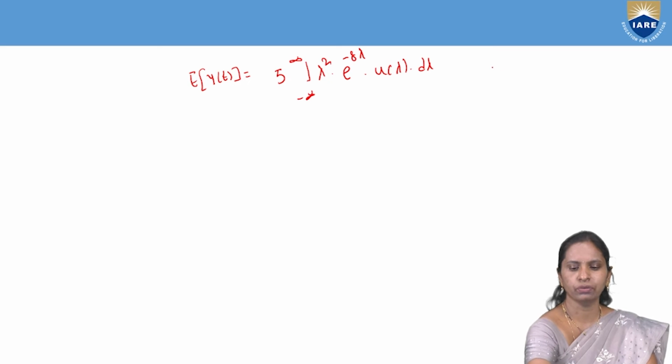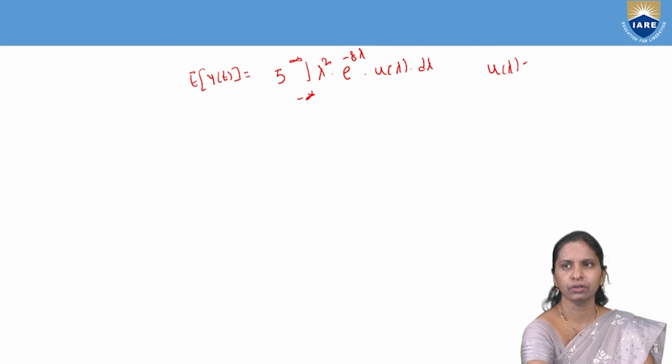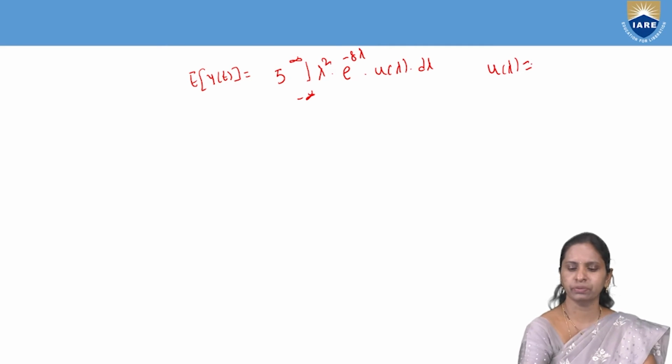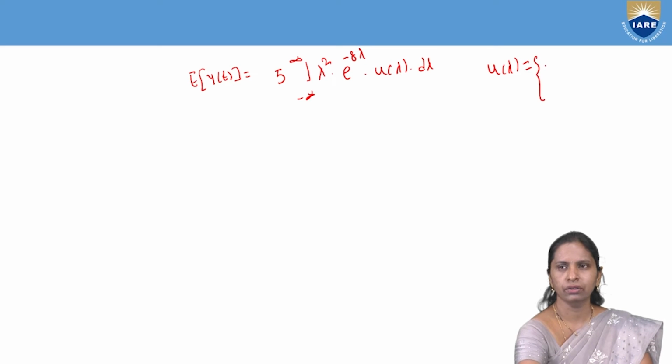Now what is u of lambda, which is called the unit step function? How is the unit step function defined? u of t equals 1 for t greater than or equal to 0 and 0 for t less than 0. Similarly, you can define u of lambda, the unit step function, as 1 when lambda is greater than or equal to 0 and 0 when lambda is less than 0. It is a unit step, therefore the amplitude here is unity.